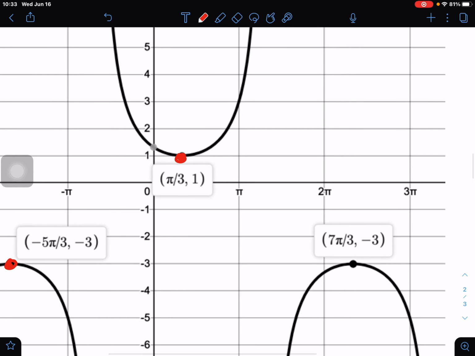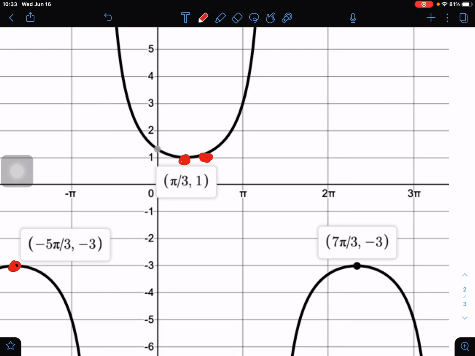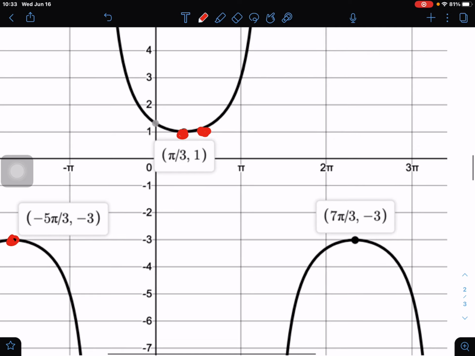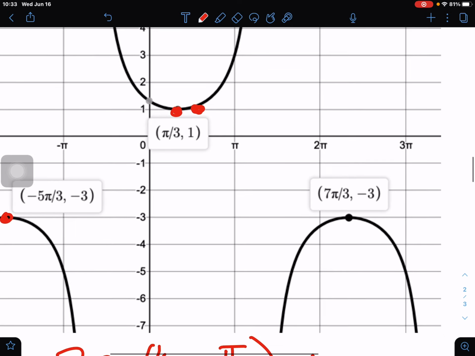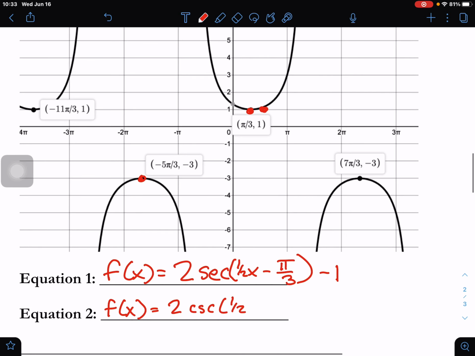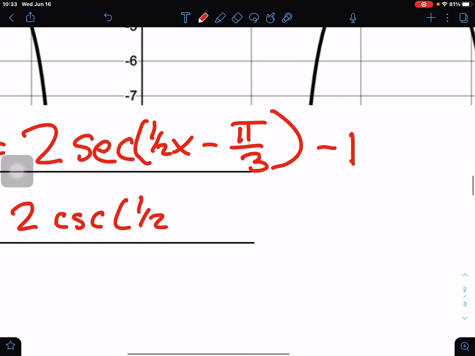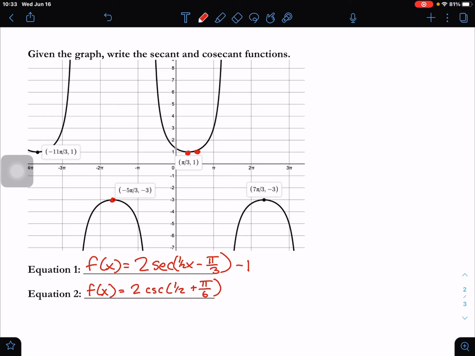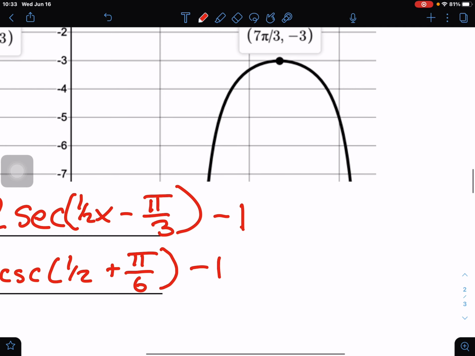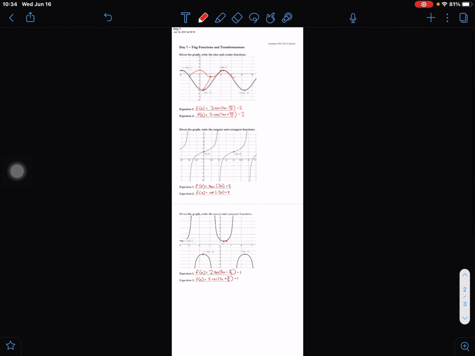So normally this point right here would be at pi over 2. This is at pi over 3. So this is a shift to the left of, it appears, pi over 6. So we can do a plus pi over 6 like that. And it looks like it's still shifted down 1, so that value is going to stay the same.